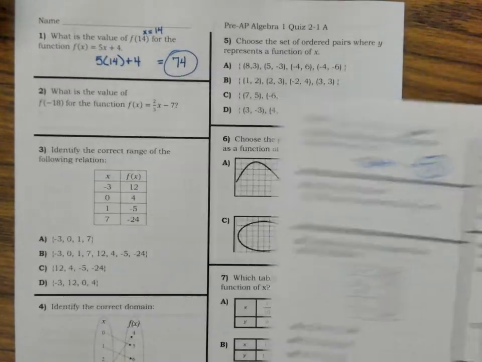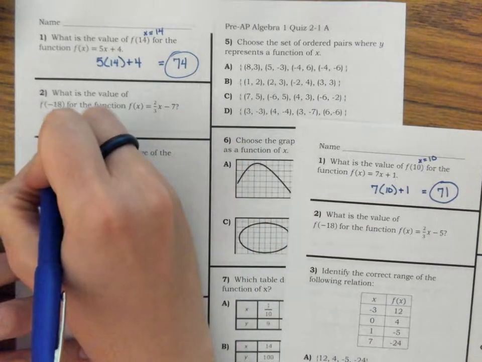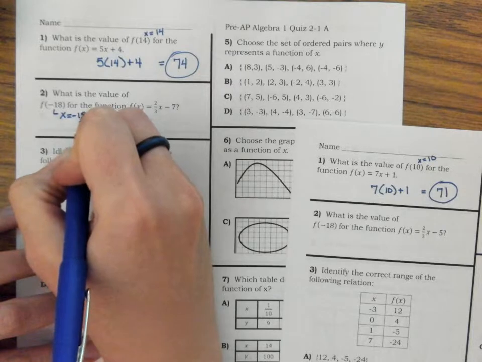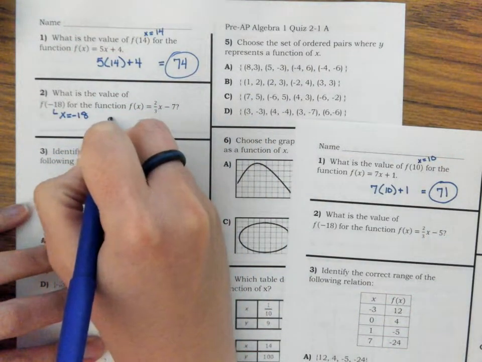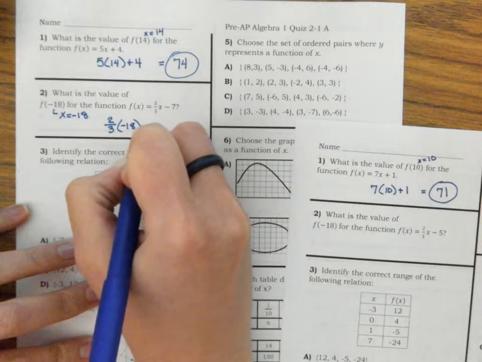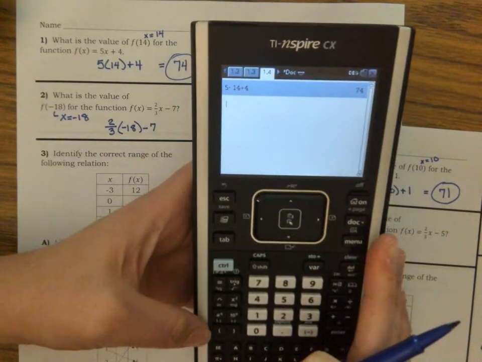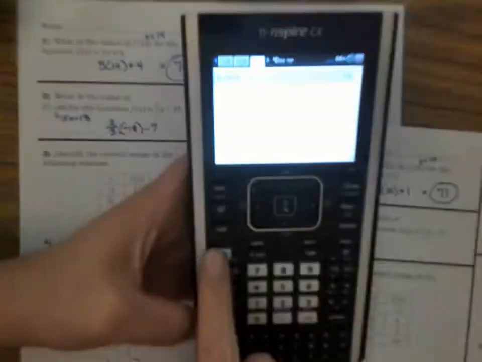All right, version A again. Number 2. This means x equals negative 18, and so we're going to plug it in. 2/3 times negative 18 minus 7. We're going to type that in the calculator, and to get the fraction, you press Control, divide.